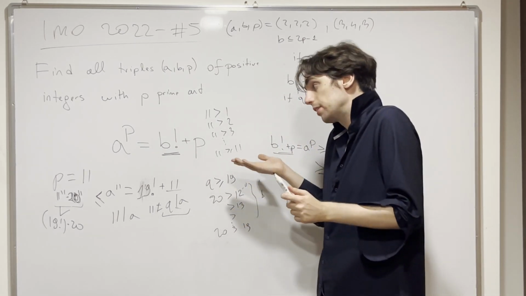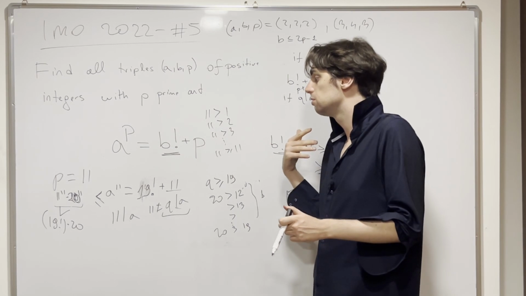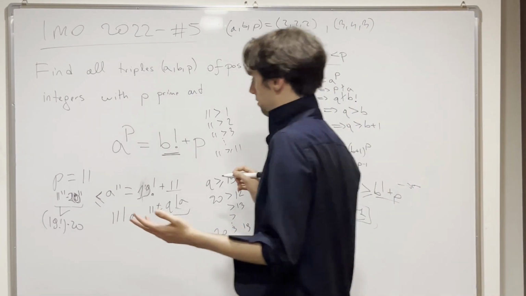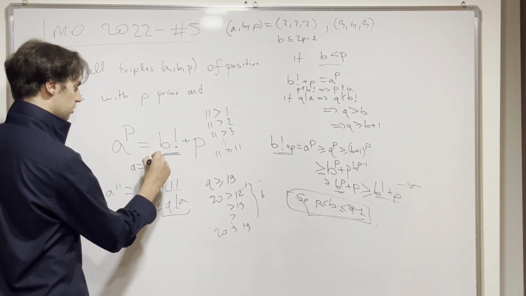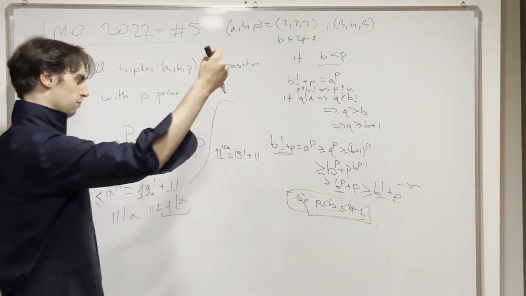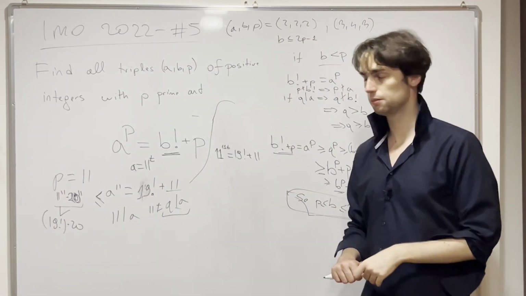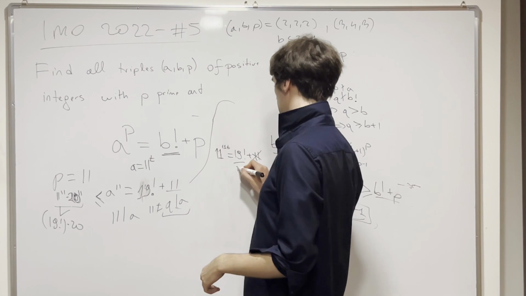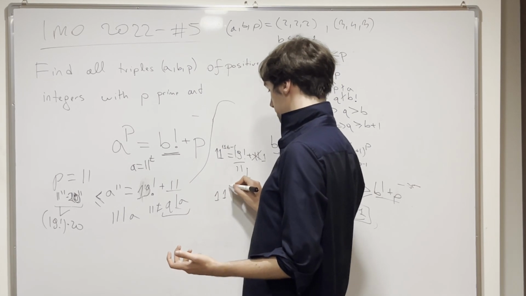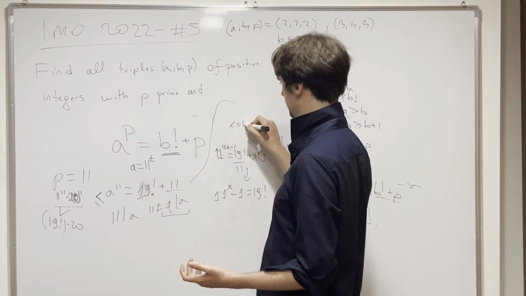I just said if there's another prime dividing this, but it could be that only 11 divides A. And then A is equal to 11 to the power of T for some T. Then we would have 11 to the power of 11T is equal to 19 factorial plus 11. Let me divide this by 11, 11t minus 1.